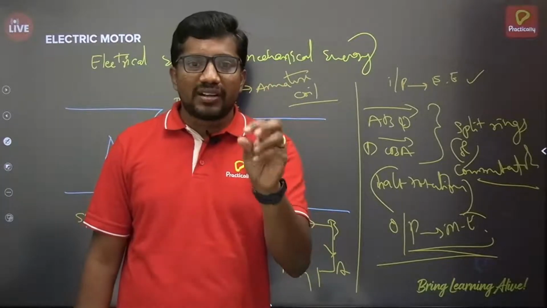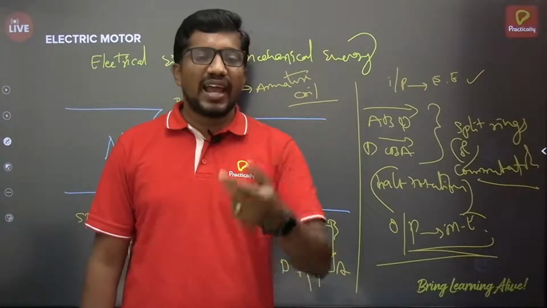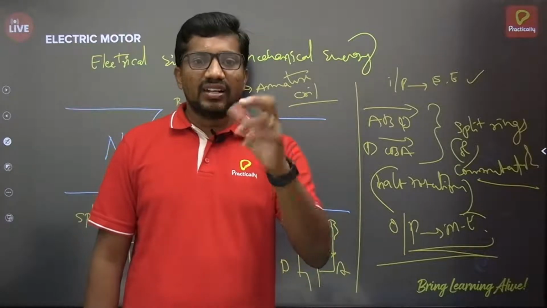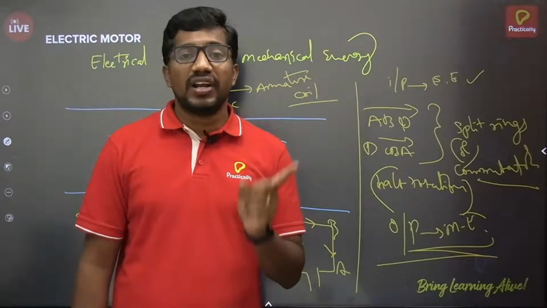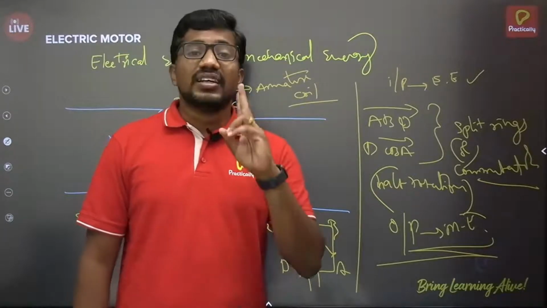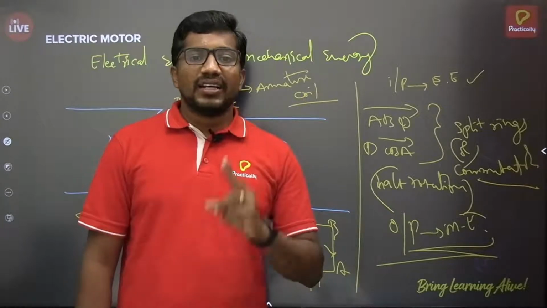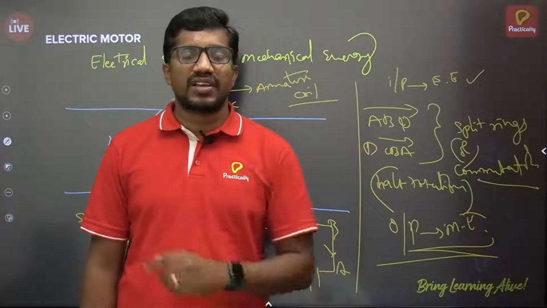You should remember at least these first three fingers and those three quantities. One is magnetic field. Second one is current, C for current. Third one is force or motion of the conductor, F for force.